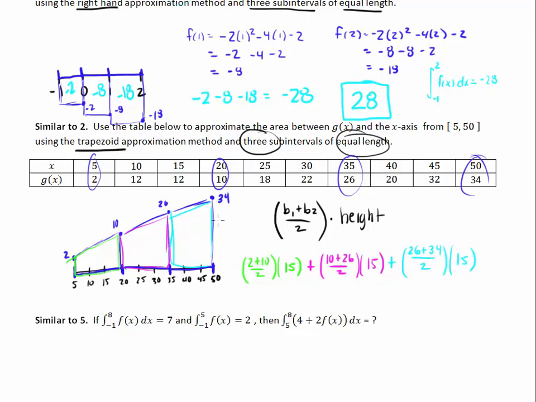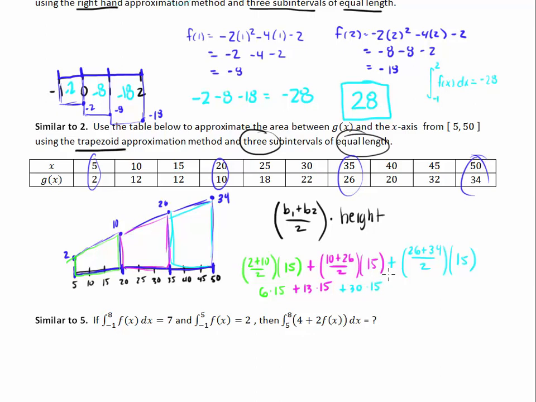So let's see what we got here. 2 plus 10 is 12, divided by 2 is 6. So we have 6 times 15 plus, it's going to be 36, so 13 times 15 plus 26 and 34 make 60, divided by 2 is 30, so plus 30 times 15.